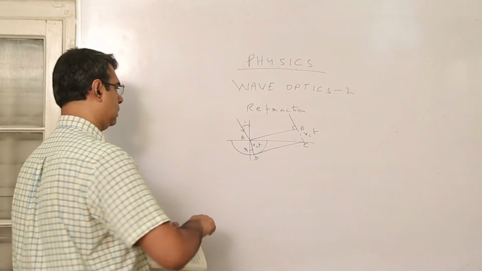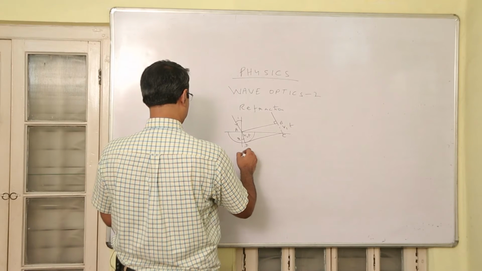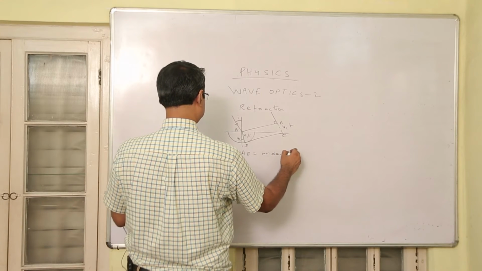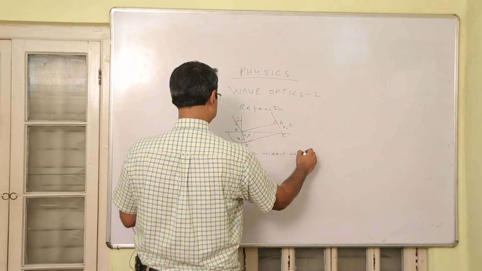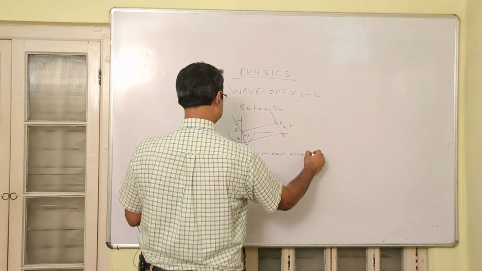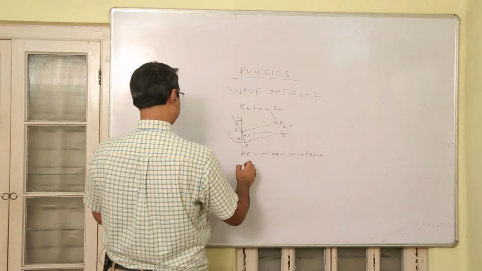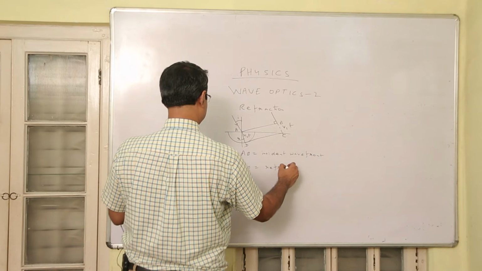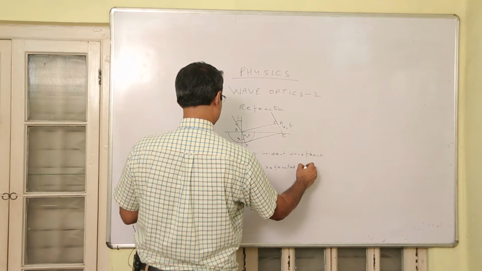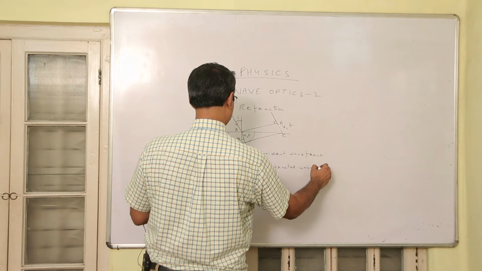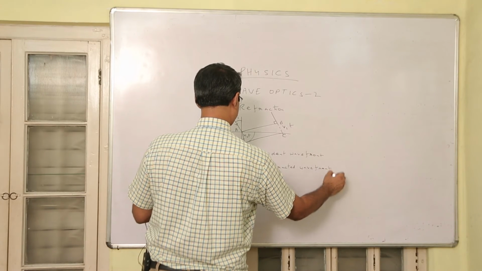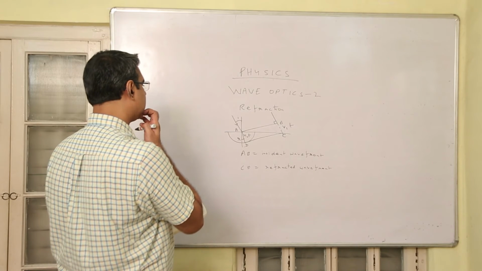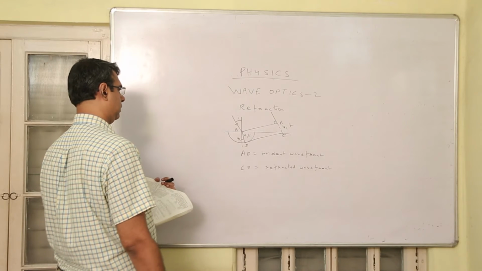So thanks to the Huygens construction, AB is the incident wave front and CD is the refracted wave front.